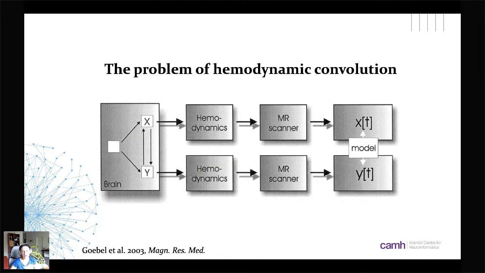In general, there have been many other effective connectivity approaches that extended beyond functional connectivity, such as structural equation modeling or Granger causality. However, one of the difficulties in interpreting the results of those methods is that they operate at the level of the measurement, at the level of the BOLD signal, but not necessarily at the level of the neuronal activation.